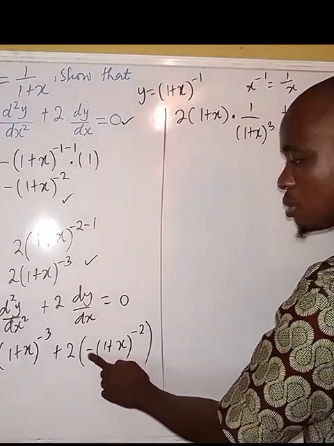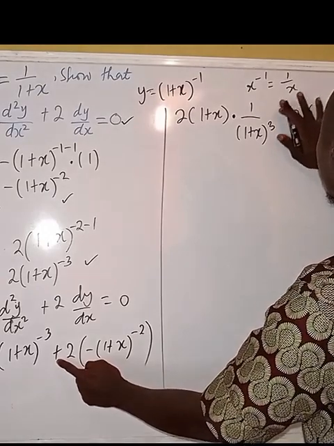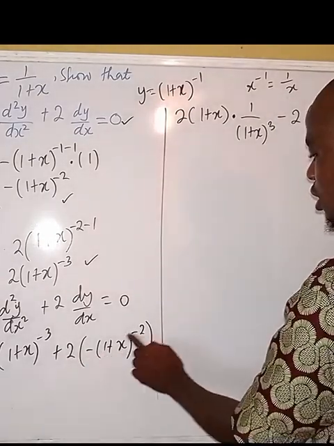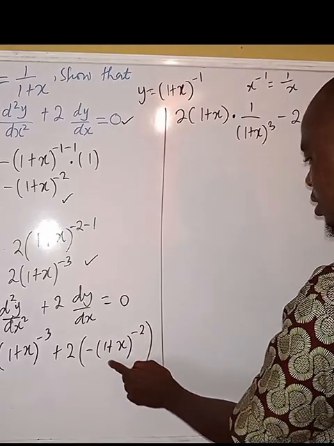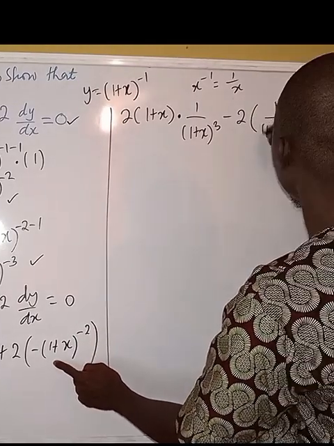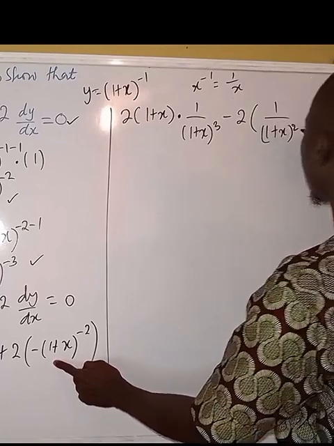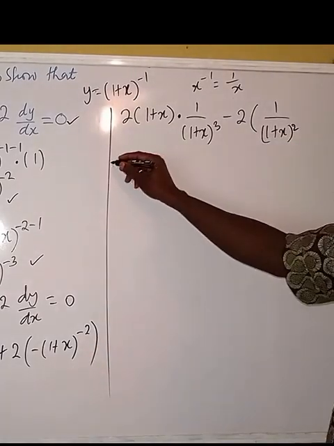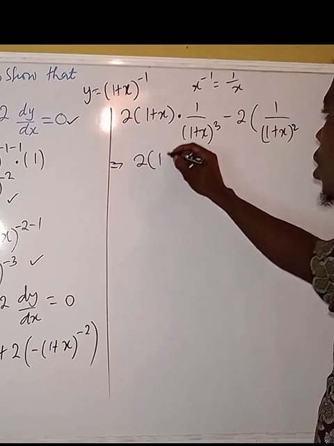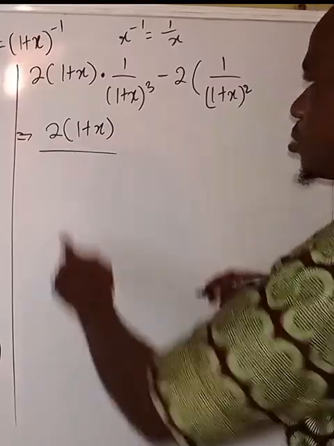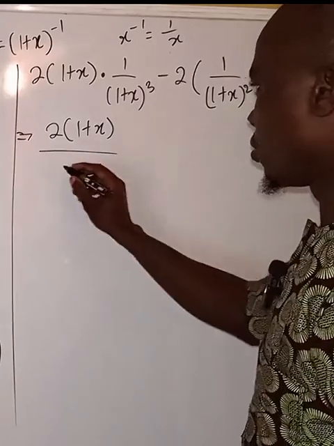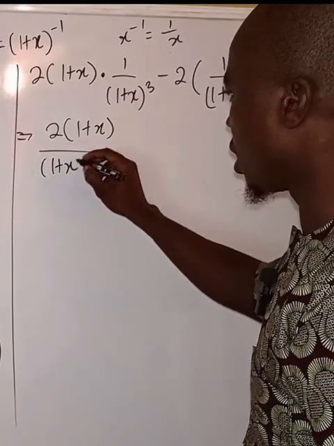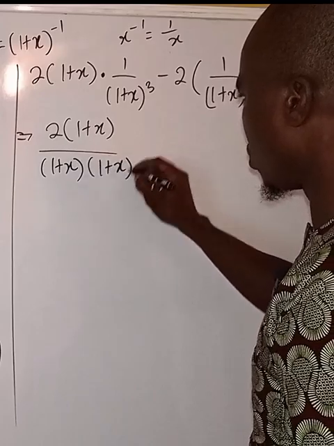Now look at this, the minus will affect this one, it will change to negative 2, then 1 over 1 plus x all squared. Are you getting it? So we're going to have 1 plus x divided by everything multiplied by 1, then we have 1 plus x all squared.